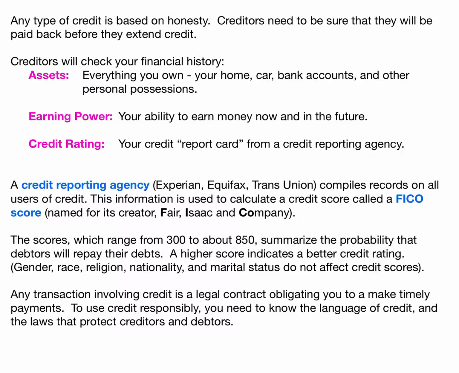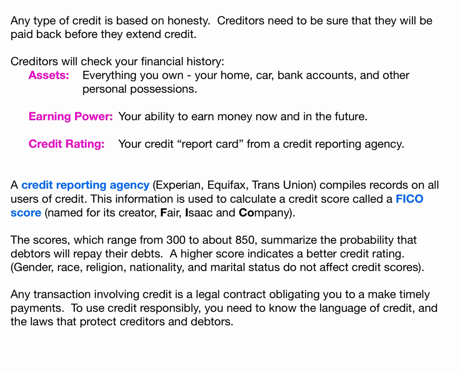What they do is compile records on all of your use of credit through banks, auto loans, home purchases, mortgage companies, anything to do with finance. They collect that information and consolidate it. All of that information is then used to calculate a credit score called a FICO score. FICO stands for the company that created it, Fair Isaac and Company.